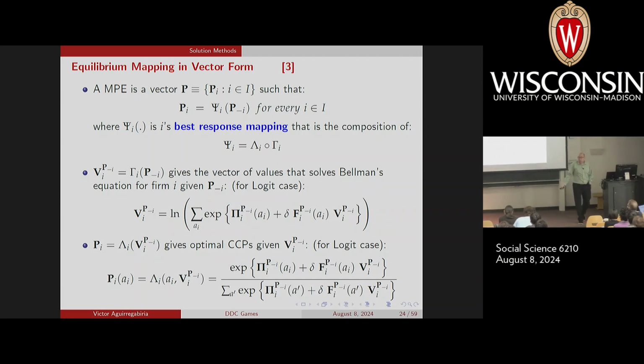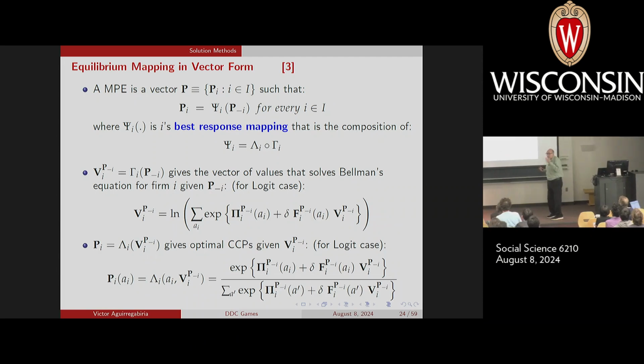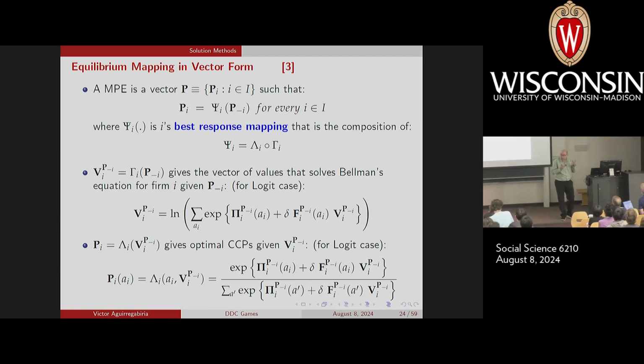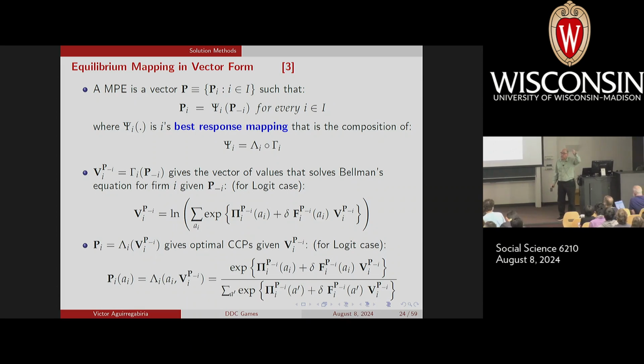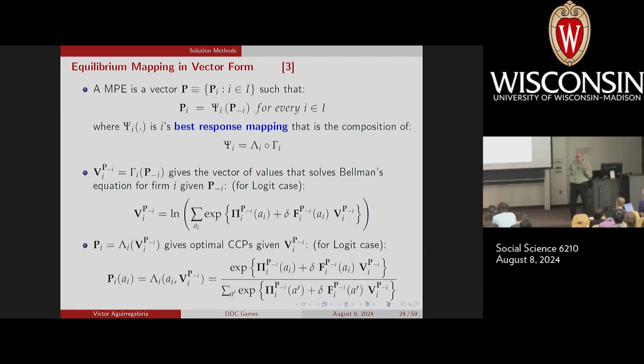What is the potential problem of this algorithm is that the equilibrium mapping phi is not a contraction. Every best response function of a player is well defined. The dynamic programming problem of a player, taking as given the choice probabilities of the competitors, is a contraction. But the equilibrium mapping, in general, in these models, is not a contraction, unless we impose additional and strong assumptions.